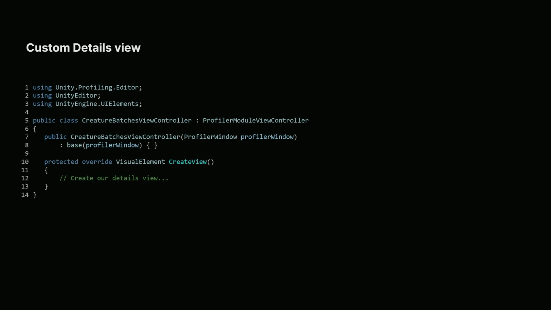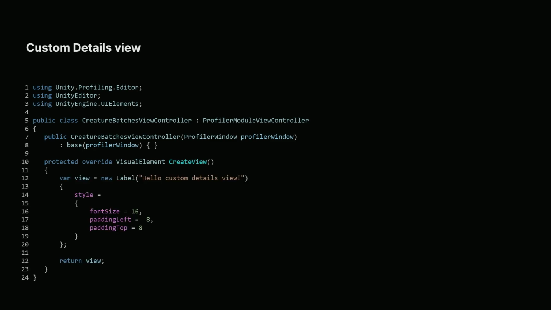We do this by overriding its createView method, where we build our details view. We've done exactly that here to build a very simple view to demonstrate, which is just a single label with some inline styles. And now we just need to hook this view controller up to our profiler module.